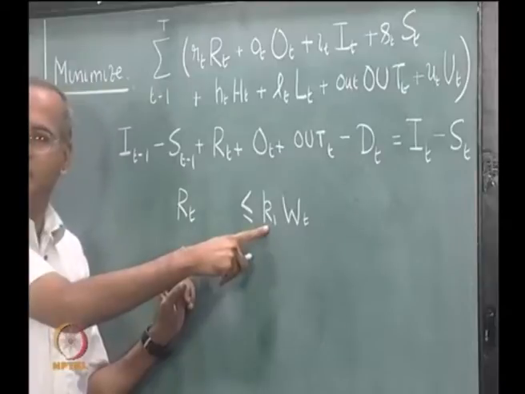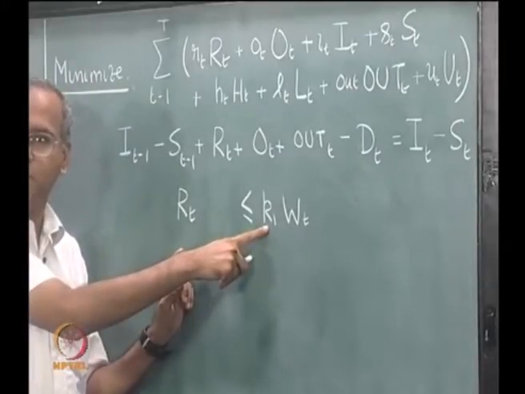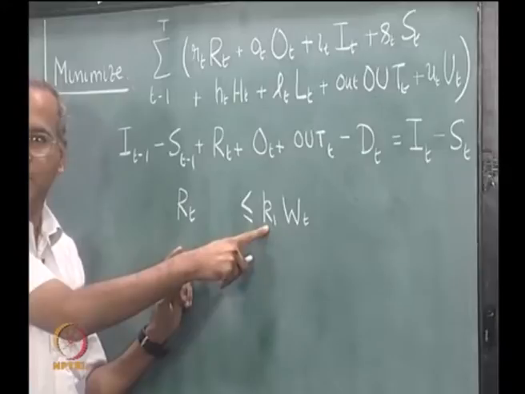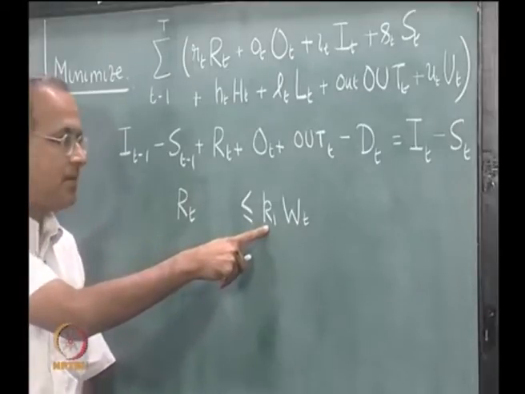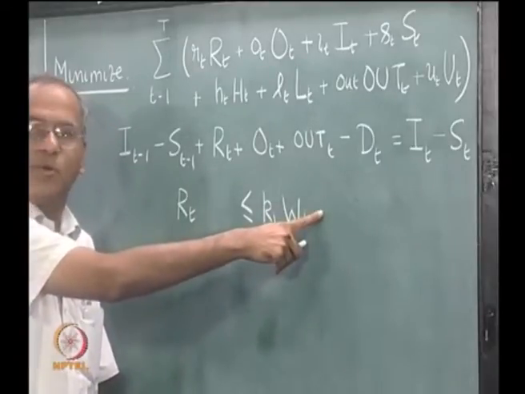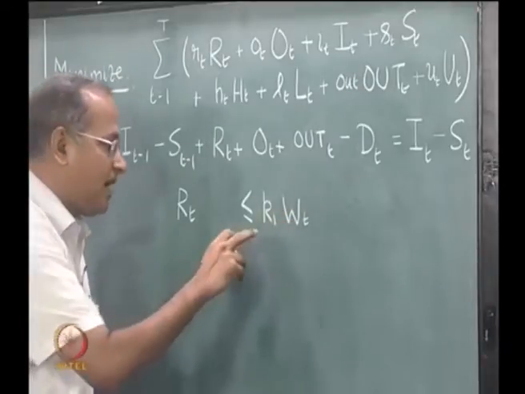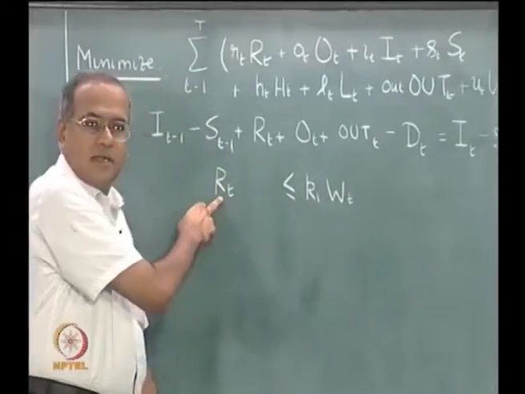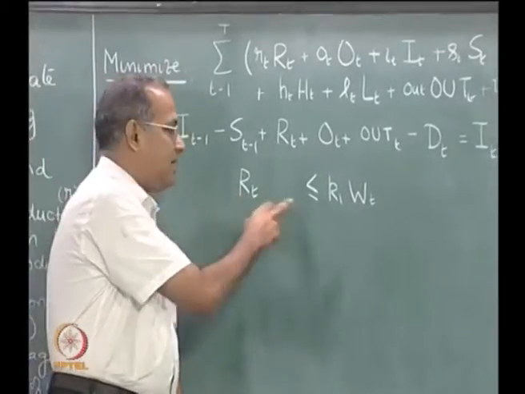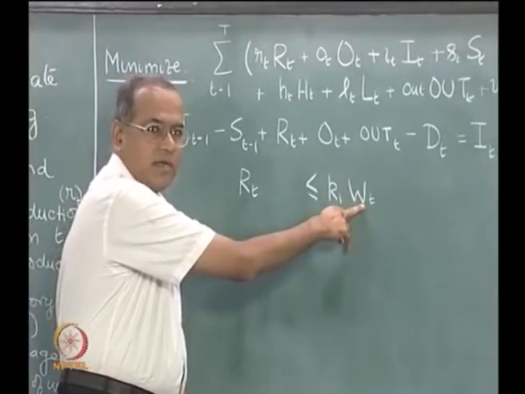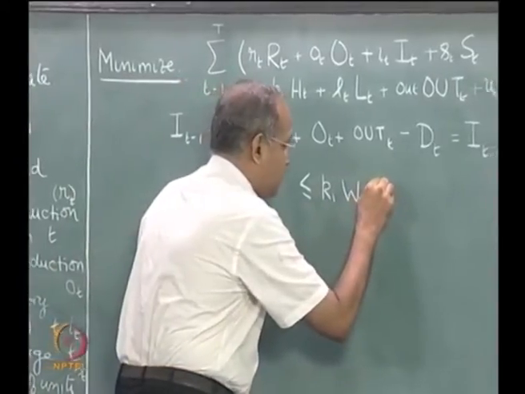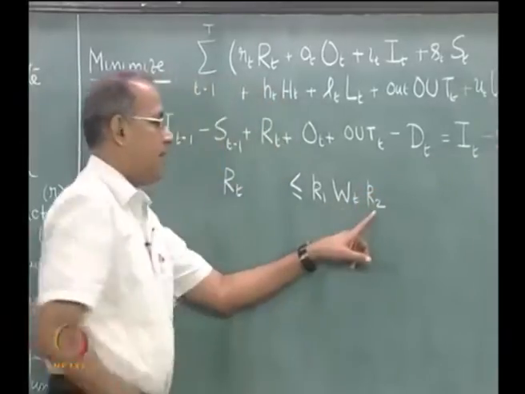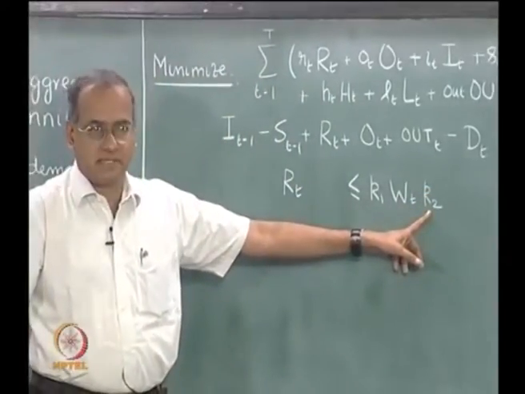If K1 is the quantity that each person produces per day, which was our 1.6 in the previous spreadsheet example, now that has to be multiplied by the number of days. So, if we define RT as the regular time production in period T, it is less than or equal to the number of people working into units produced per day into another constant, which is some K2, where K2 is known, it is the RT days.